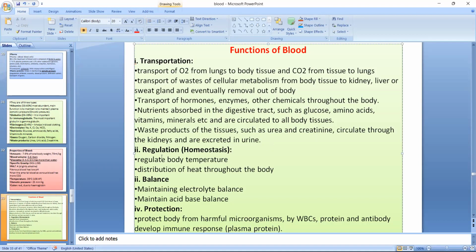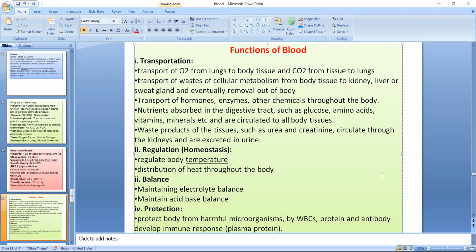So regulation or homeostasis. You remember, blood plays an important role in the maintenance of equal temperature throughout the body. Generally all cells produce heat, particularly the muscles. The muscles produce major heat in our body.